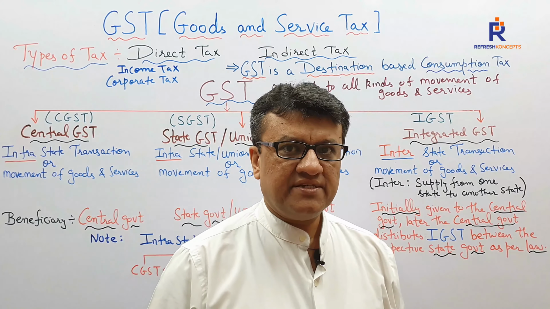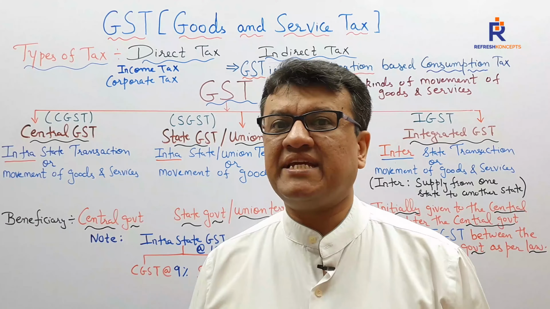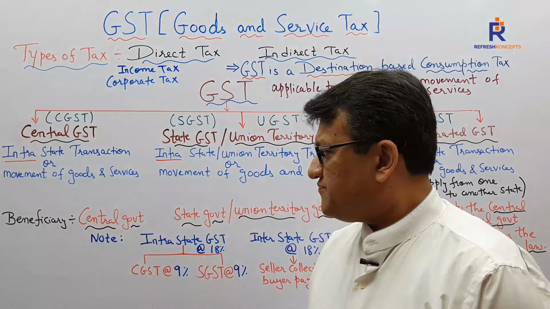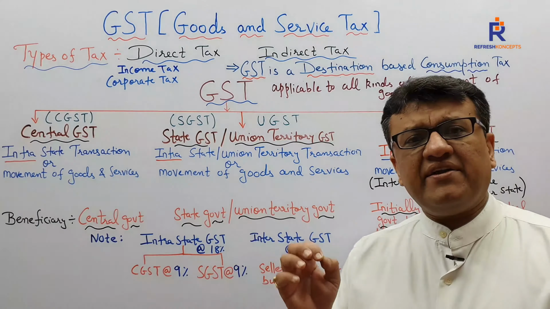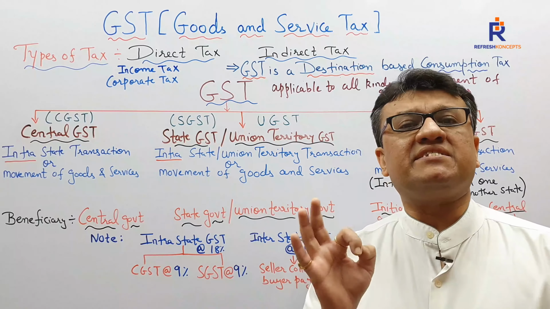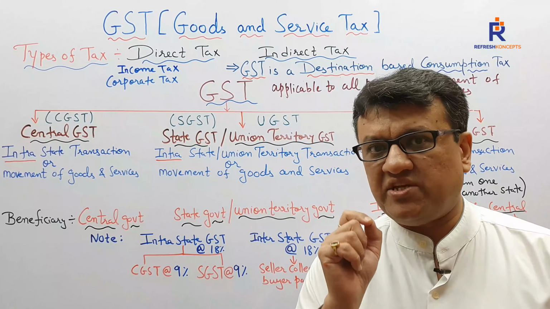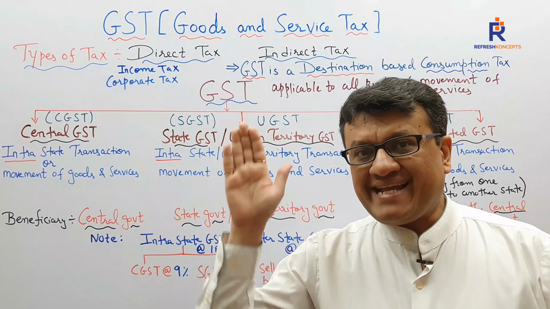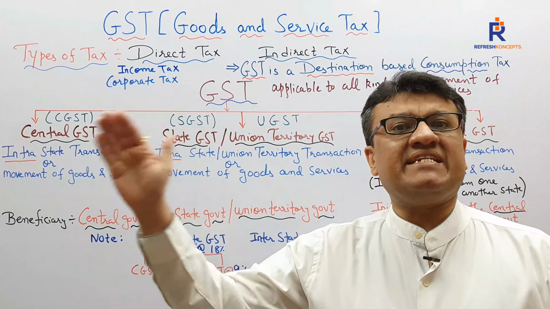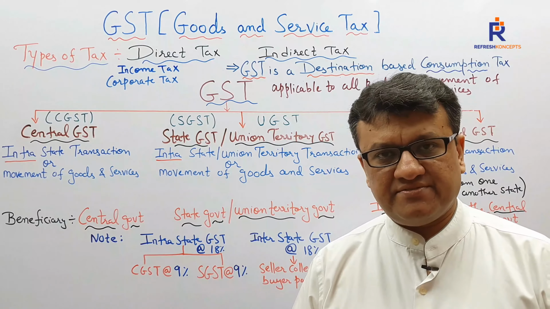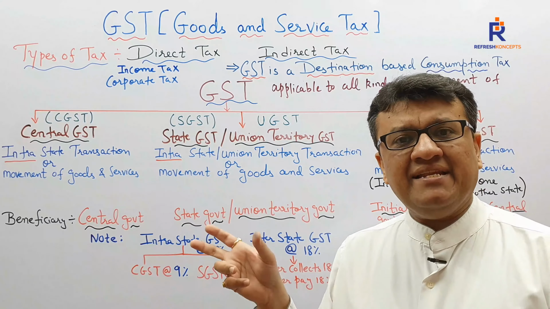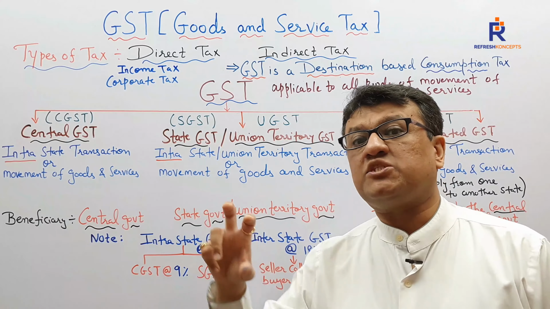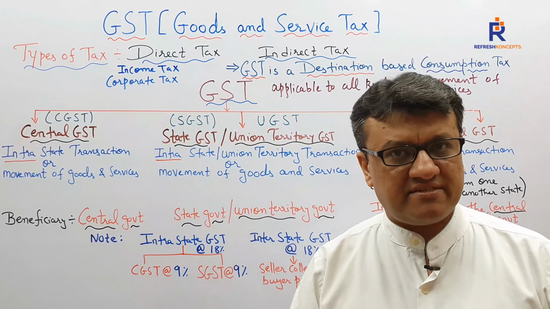Further, one more thing. How is the bifurcation of the tax system taking place? Say, for example, I'm not using the word CGST or SGST, I'm saying the GST tax on an article is 18%, and the movement of goods and services has taken place within the same state.